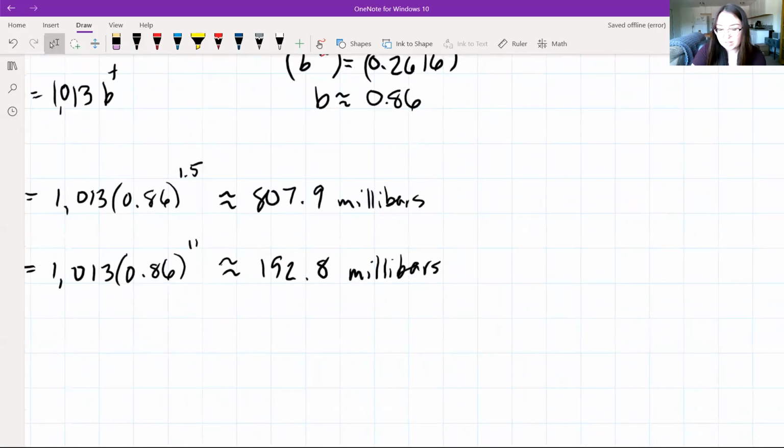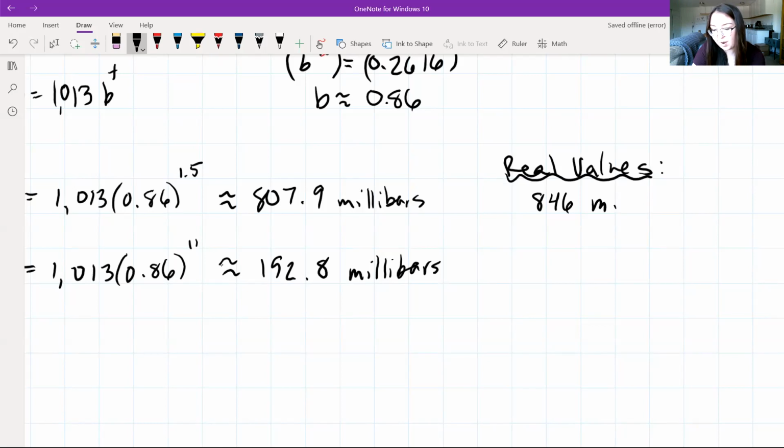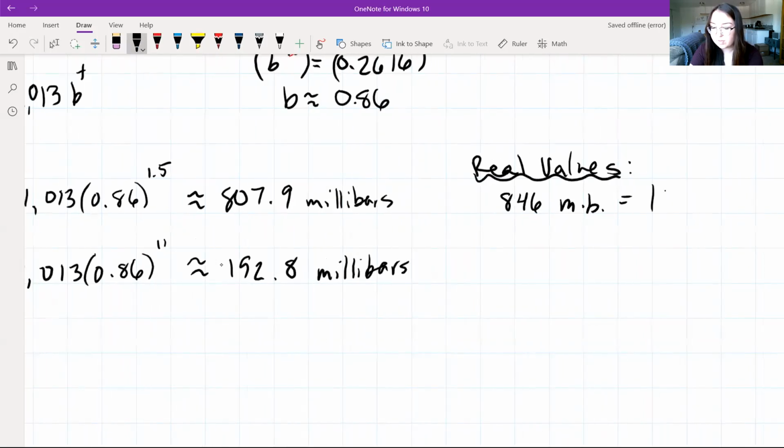So we have our real values. And we see that 846 millibars is equal to 1,495 meters.